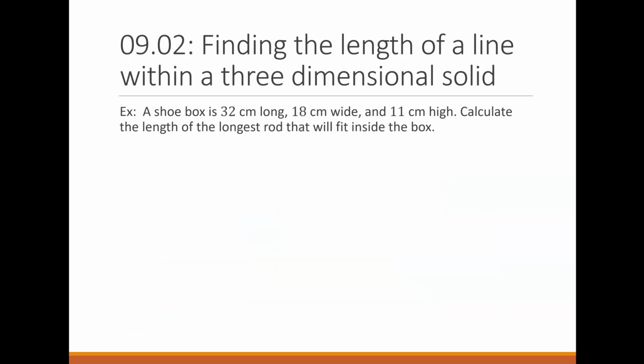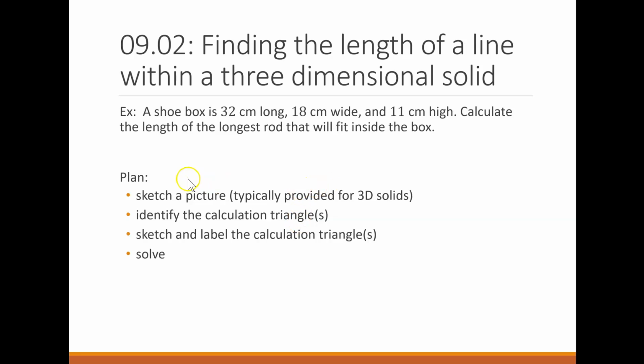Keep going. Okay. Now we're into some specific calculation examples. For any of these kind of story problems, my general plan is going to be to sketch a picture. Typically, if it's a three-dimensional solids picture, we'll provide you a picture, but not always.